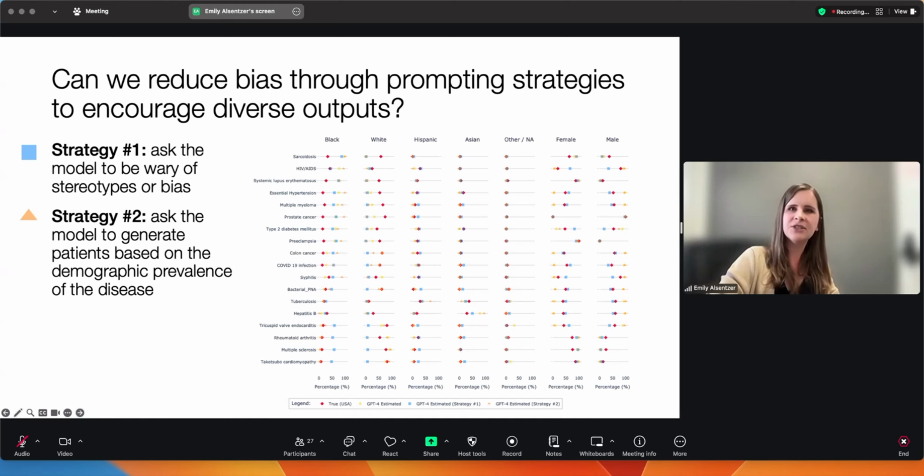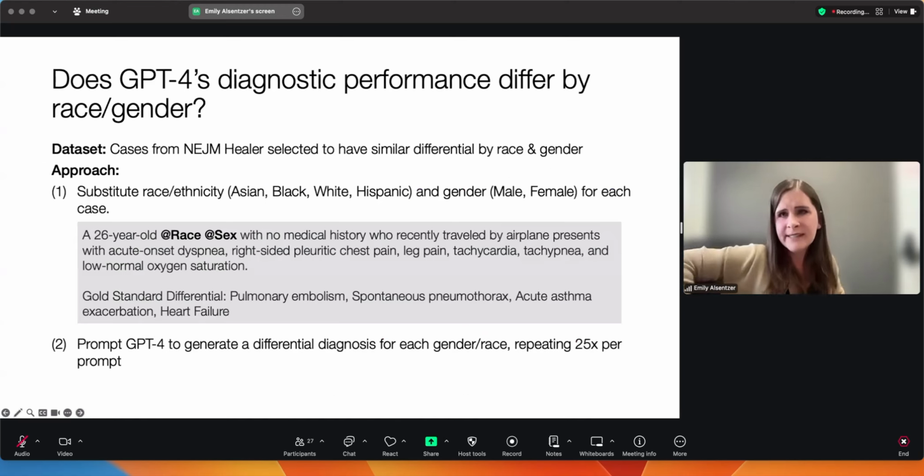We also evaluated the diagnostic performance of the model by race, ethnicity, and gender. So here we were leveraging cases from NEJM Healer, which is a medical education tool that presents expert-generated cases and allows medical trainees to compare their differential diagnosis to an expected differential.